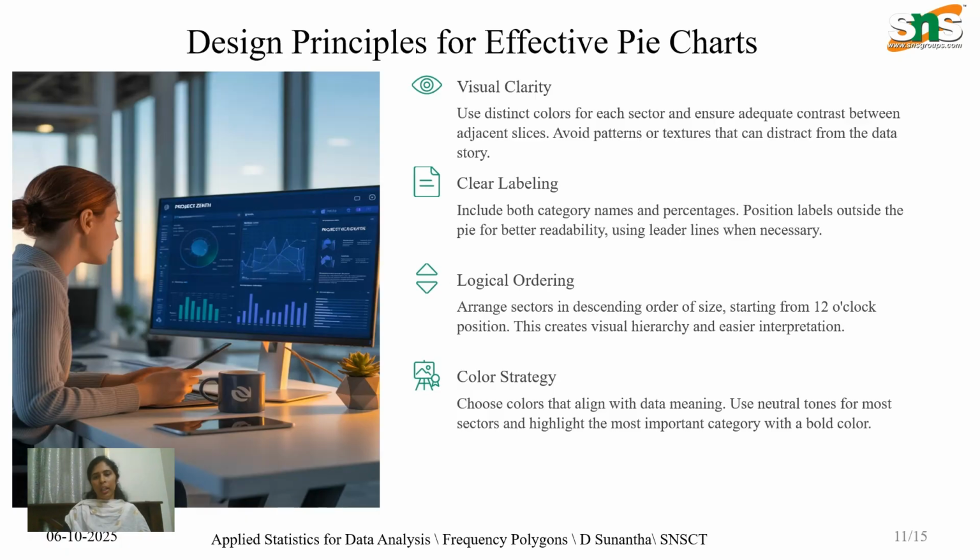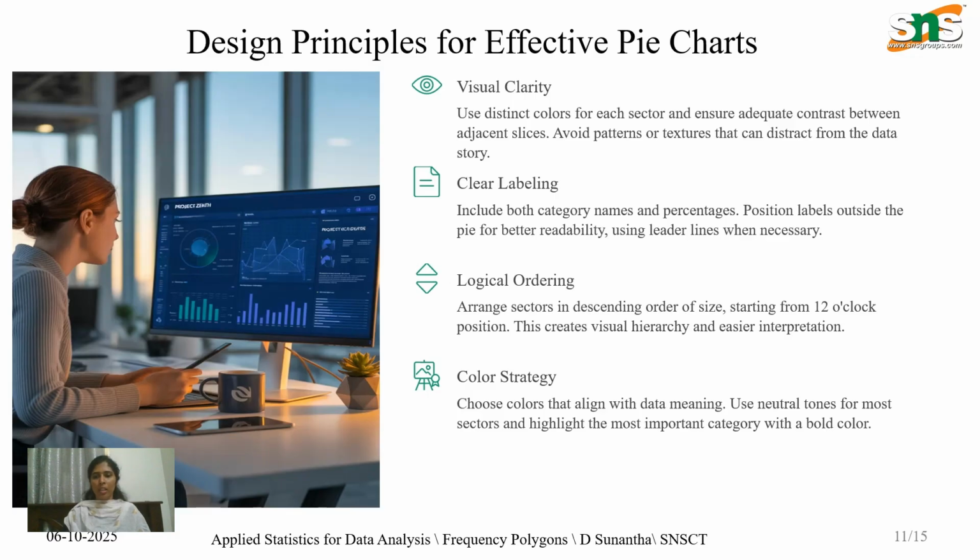Next one is clear labeling. This is also an important thing, in which each and every category is named properly based on readability, with leader lines, names, categories, percentages. Next is logical ordering.